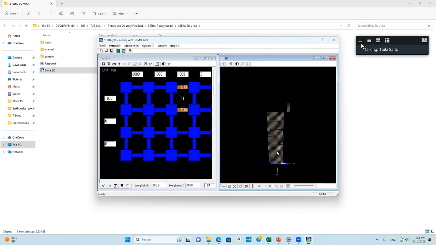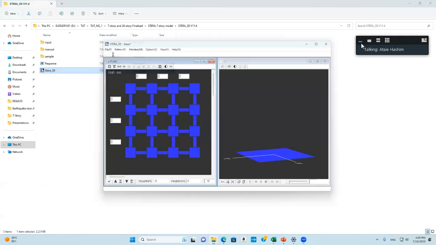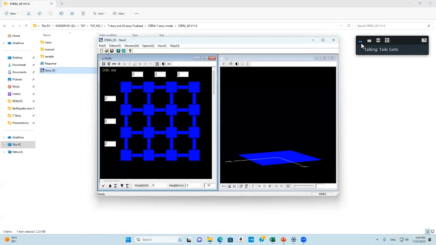Wait a moment. Could you open the 3D model first without TMD? It means the frame model, Sensei?